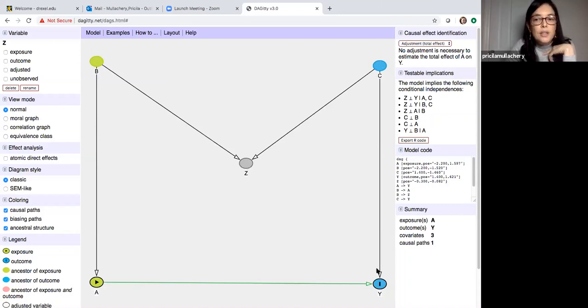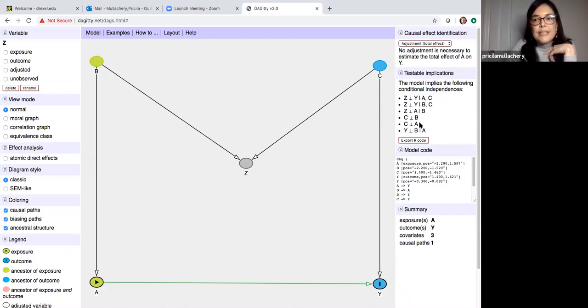Which means that there are no other paths. There are just this path and this path. If I condition on A or C, I have no direct effect. So Z and Y are independent. This just tells us about all of the other things that are not in the DAG, right?